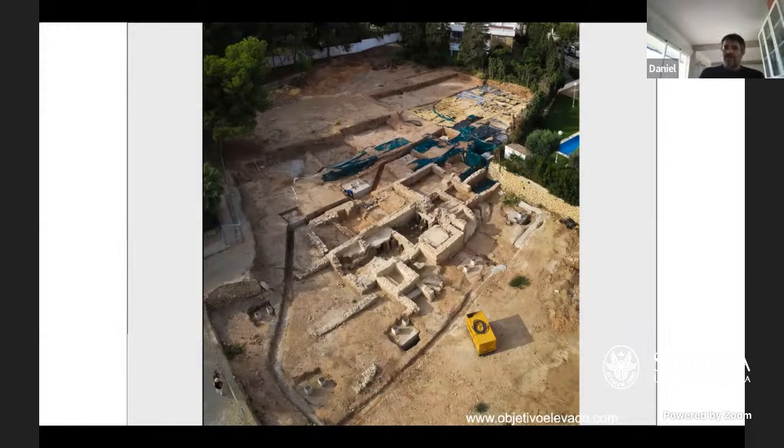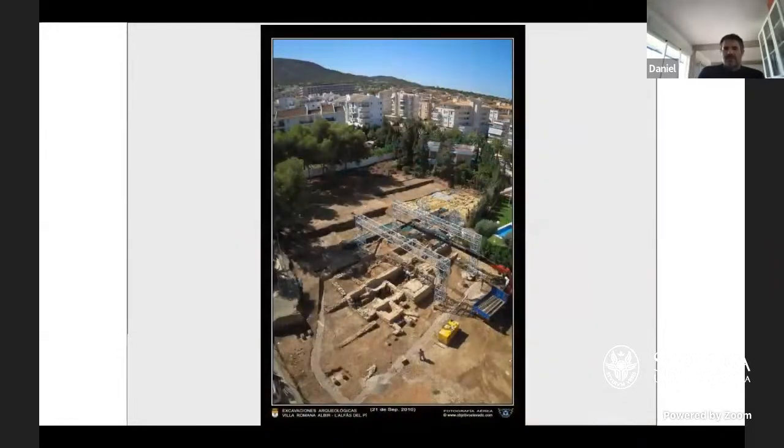And the last thing I wanted to mention in this brief introduction about the villa we are working on is that between 2008 and 2009, if I'm not wrong, some consolidation and preservation works were carried out, which also included an aerial cover to protect the entire site.